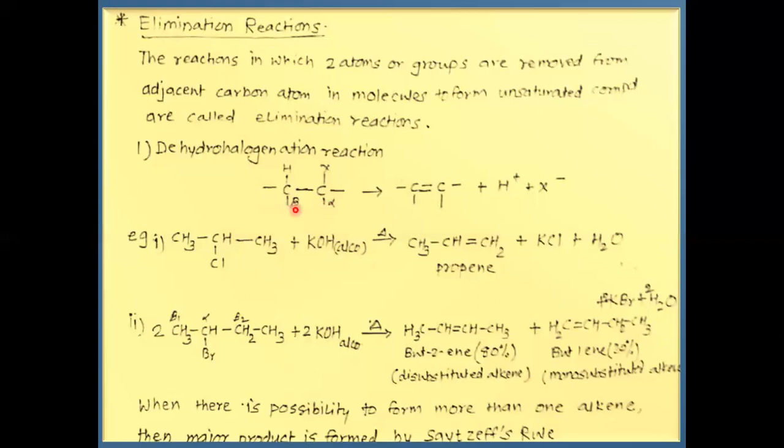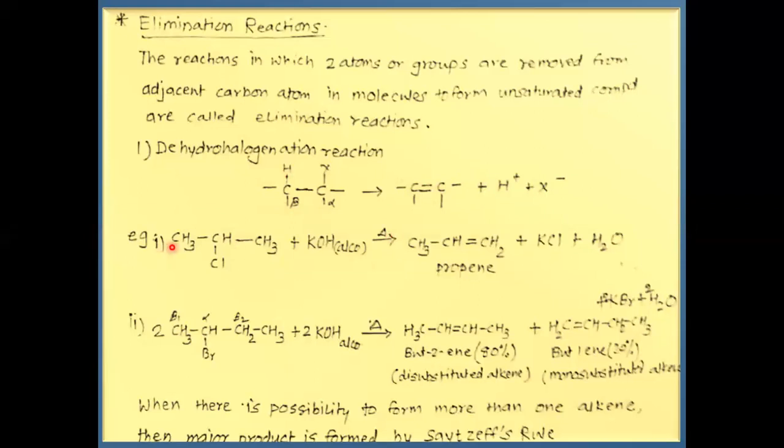Now in this elimination reaction, X from the alpha carbon and H from the beta carbon get eliminated, and unsaturation, that is carbon-carbon double bond formation, takes place, with H plus and X minus eliminated.